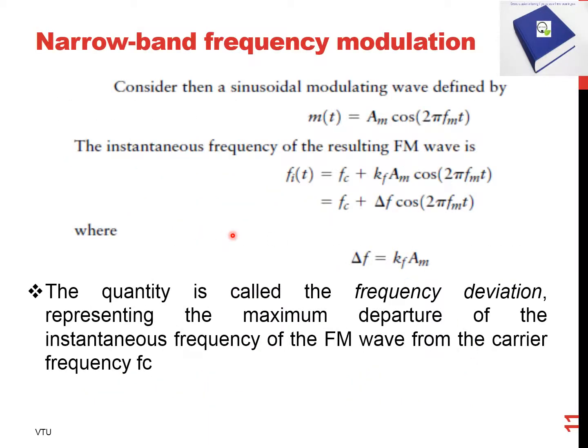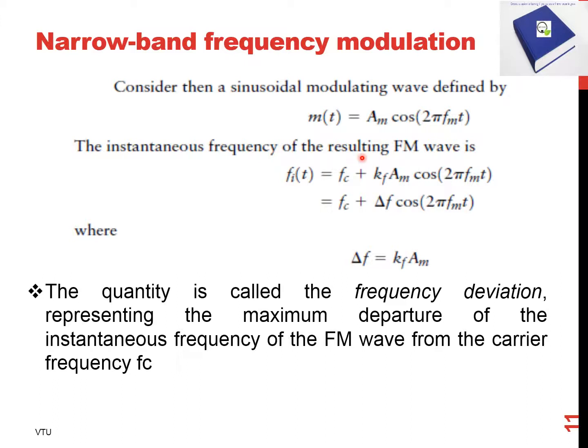Narrow band frequency modulation. Now we have to write the equation for the narrow band frequency modulation. Consider then a sinusoidal modulating wave defined by, that is, the message signal is given by m of t equal to Am cos 2 pi fmt.